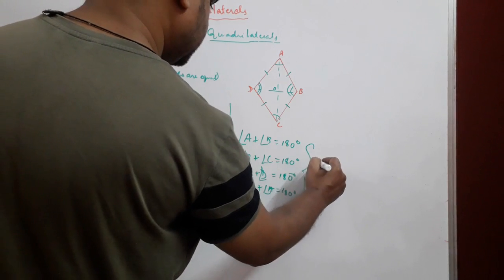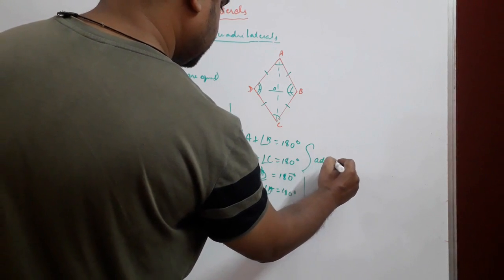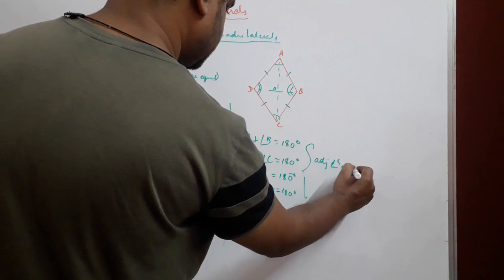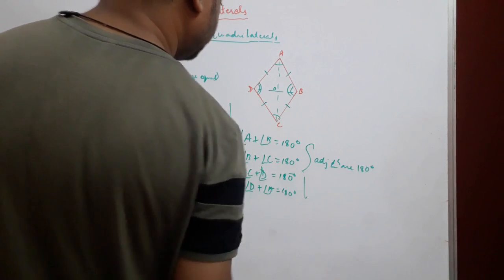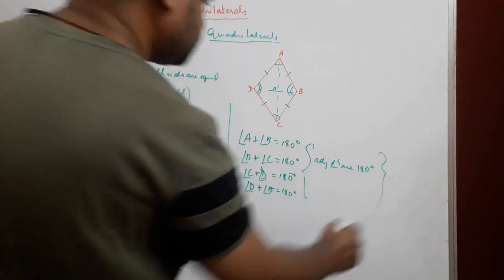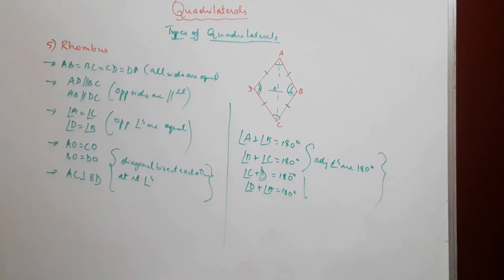In other words, adjacent angles are 180 degrees or supplementary. That is another feature of a rhombus.